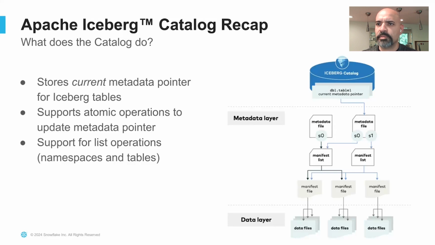So amongst multiple simultaneous transactions, it has to be able to atomically update the table state and make sure that everybody agrees on what the current version of the table is. And secondarily, it also supports list operations, so listing namespaces in tables, so you can navigate and see what are the tables and views that exist inside of your catalog.